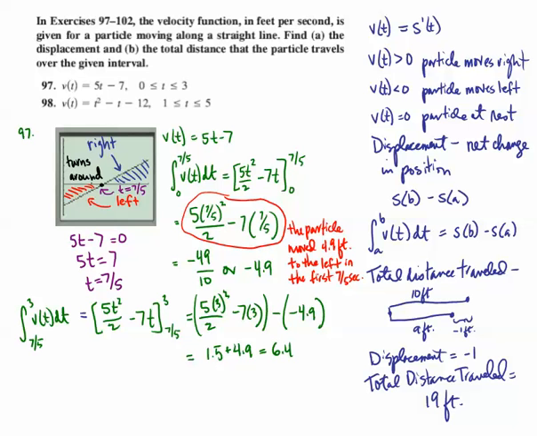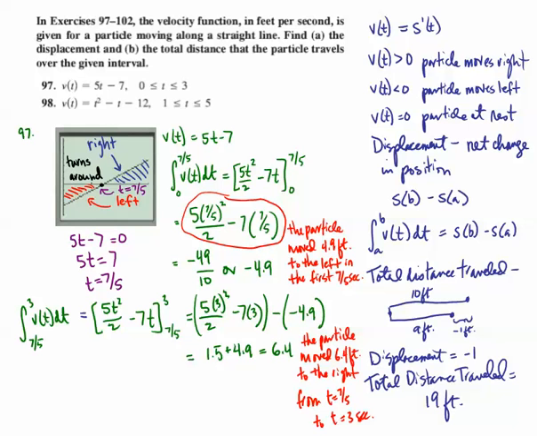And so what this tells us is the particle moved 6.4 feet to the right from t equals 7/5 to t equals 3 seconds.